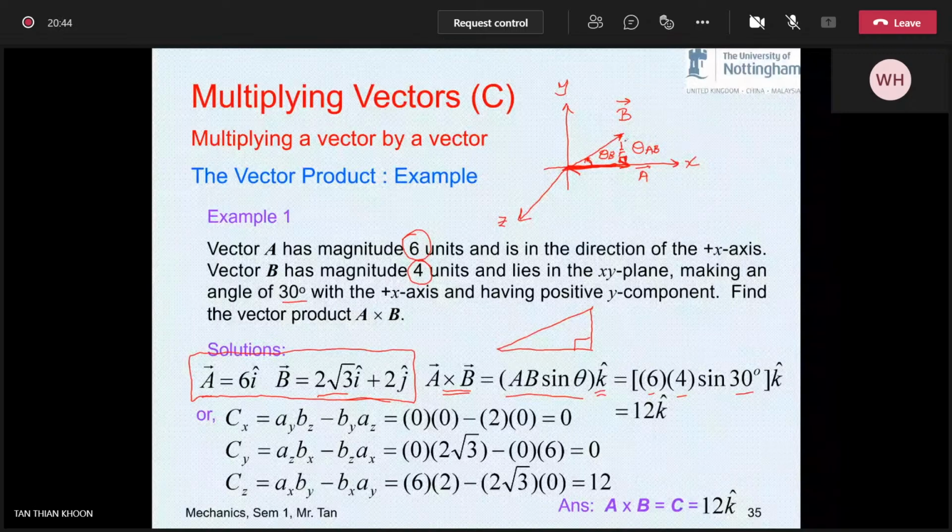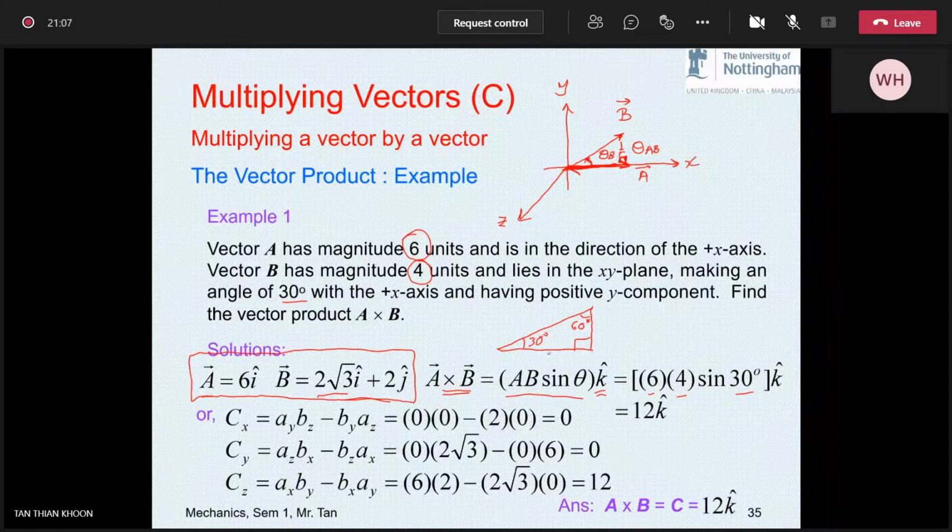We were given that this is 30, so if that is 30, that means this is 60. If those are the angles, then we will be able to write it out.